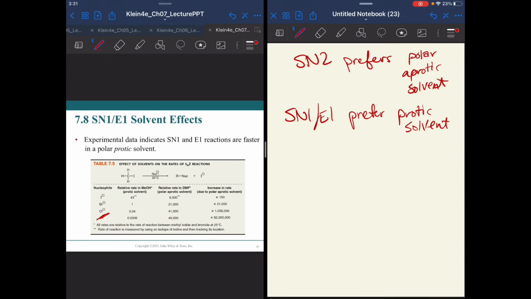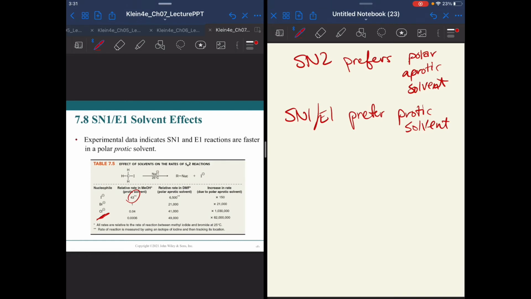It's not a great leaving group. If you want to start with an alkyl fluoride, you usually have to throw some other tricks at it to make it work. So we're going to concentrate on iodine, bromine, and chlorine. Now you notice iodine will go the fastest in a protic solvent.